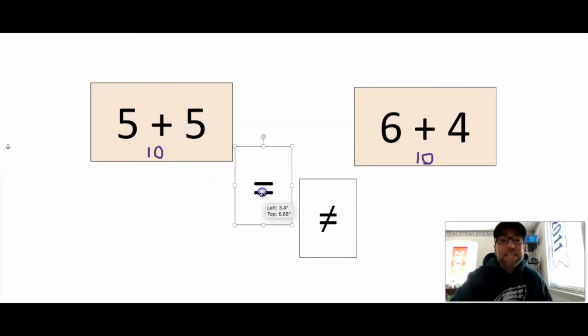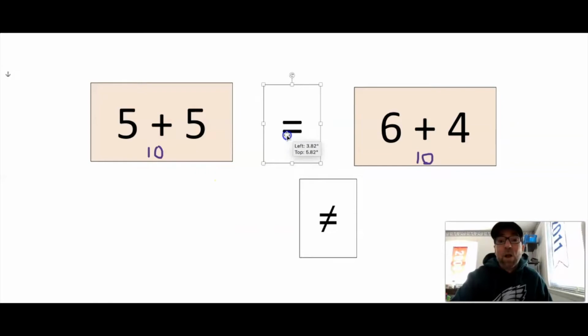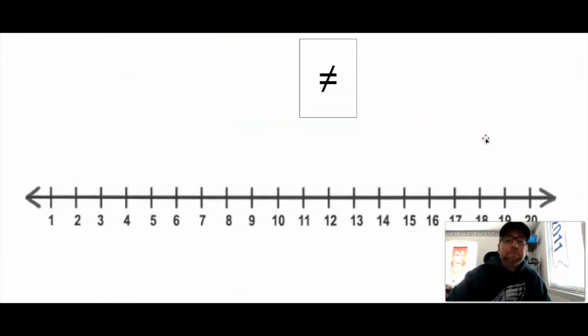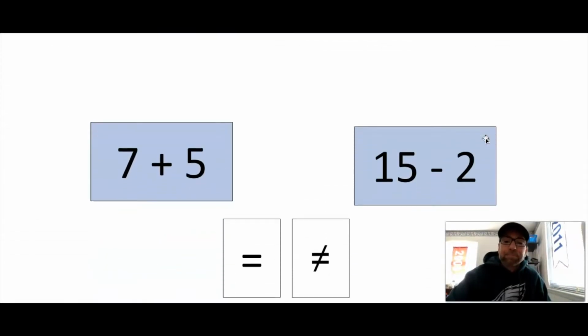So these number sentences are equal. And I would read it like this. 5 plus 5 equals 6 plus 4. And that's a true number sentence. Let's try another one.